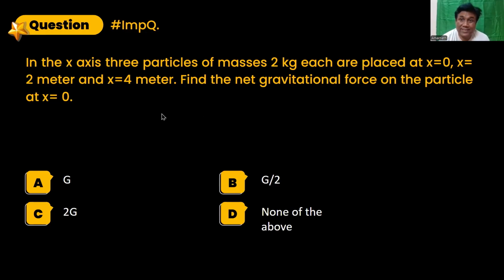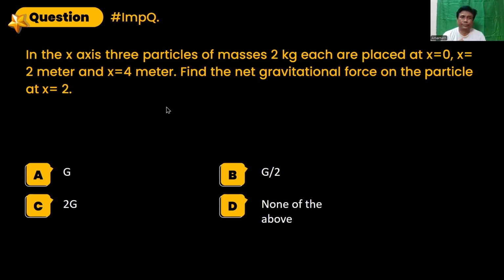So let us try a similar question. Please try it. I have changed the coordinate actually. X equal to 2 I have given. But I need to find the net gravitational force on the particle at x equal to 2.